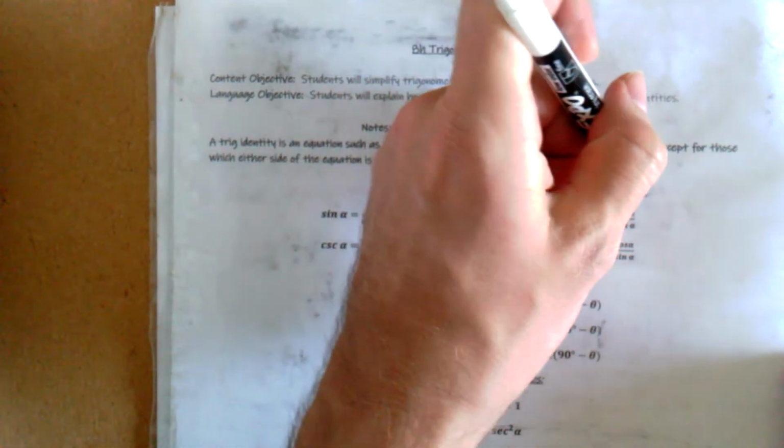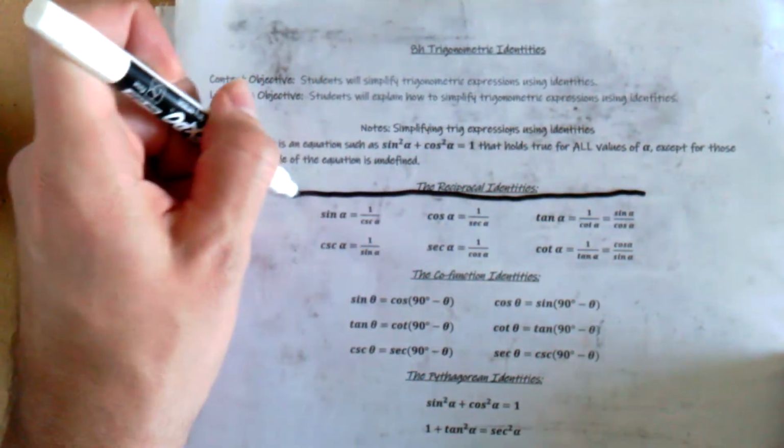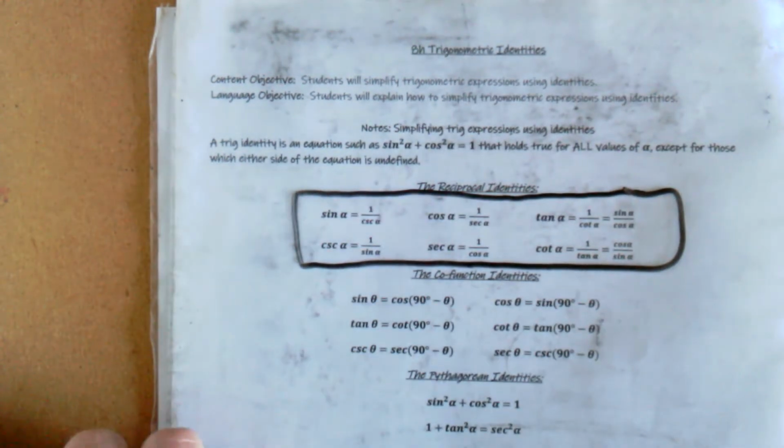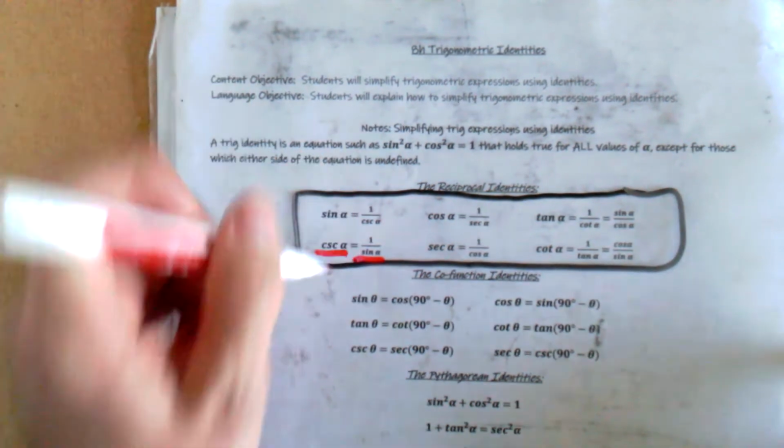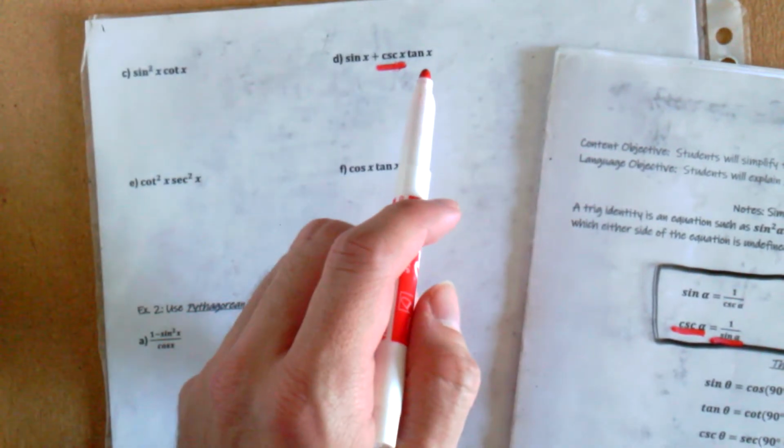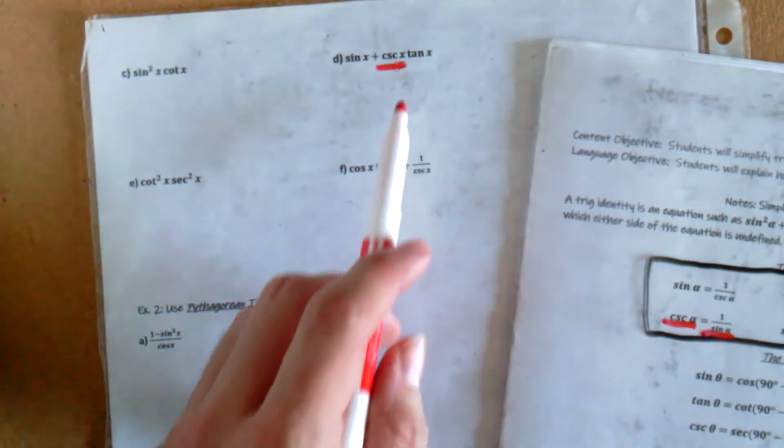So again, looking at our reciprocal identities on page 51, cosecant is defined as 1 over sine. But notice if we take 1 over sine and multiply it to tangent, nothing's going to cancel out because all those terms are different.